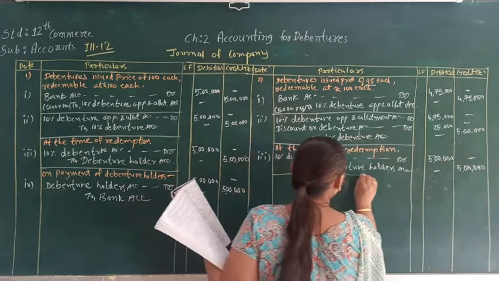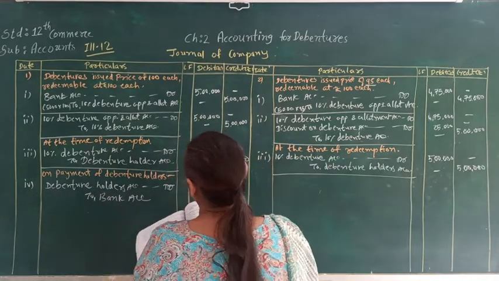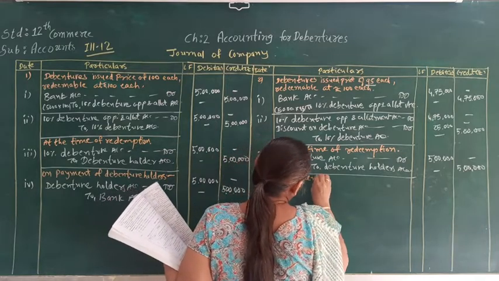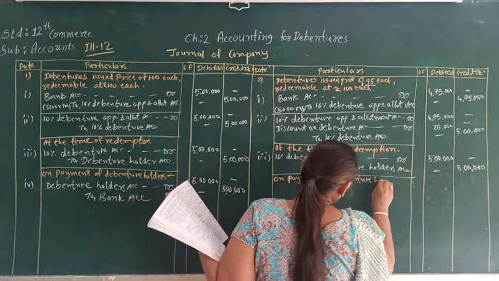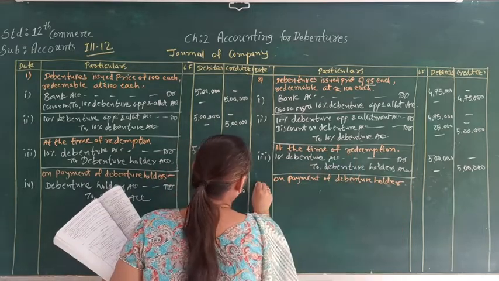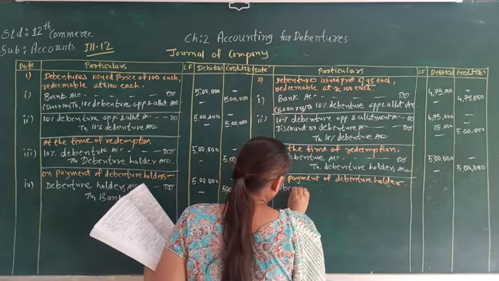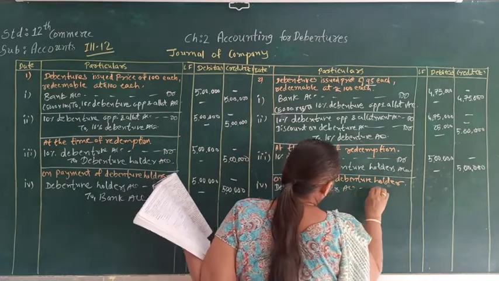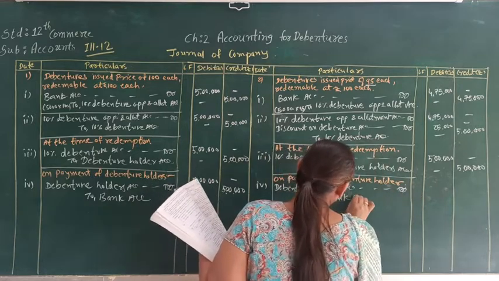Now let's see the last journal entry, that is when we are going to pay the amount. On payment to debenture holder, the journal entry will be debenture holder account debit to bank, as we will pay them 5 lakh rupees.